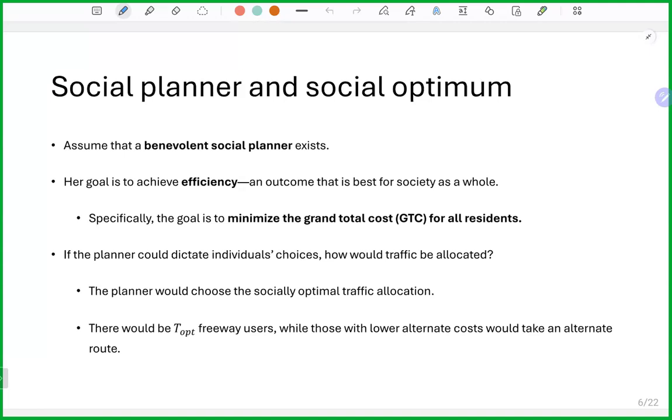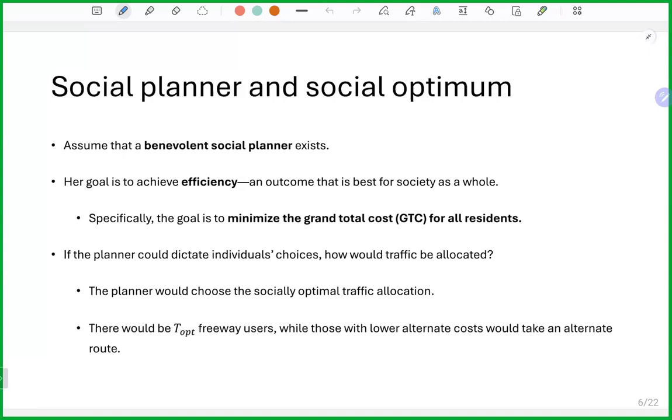We have to assume that Kim Jong-un is benevolent and that he knows everything about individuals' preferences and situations. He must know who has the lower cost between the freeway and the alternate route. In other words, he needs full information about the profile of the alternate cost, from the highest to the lowest.